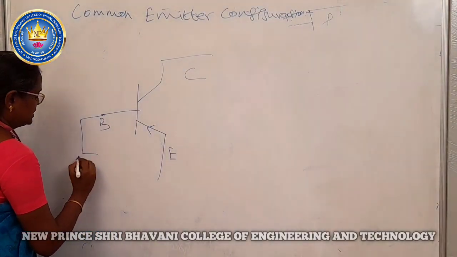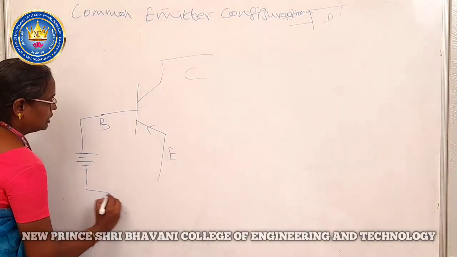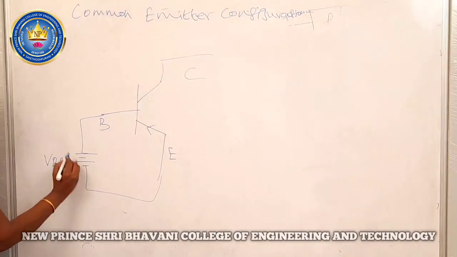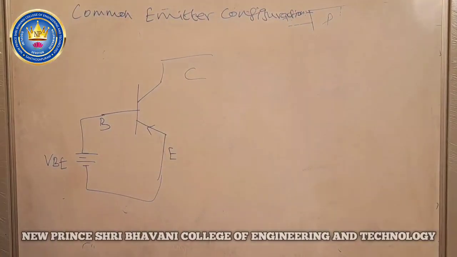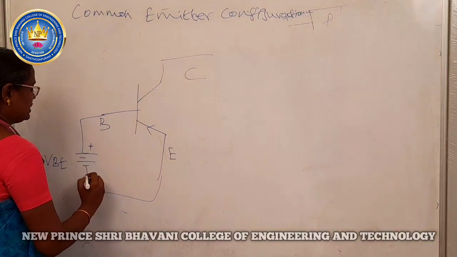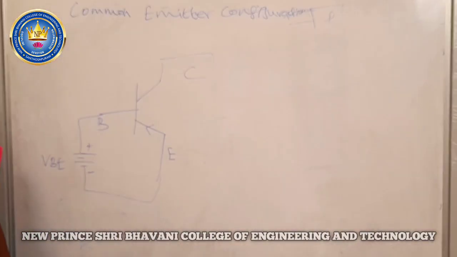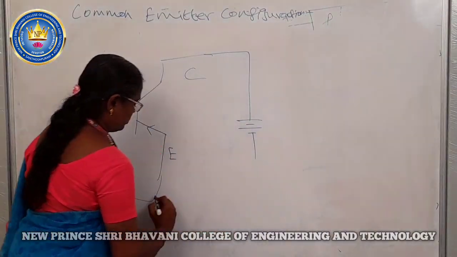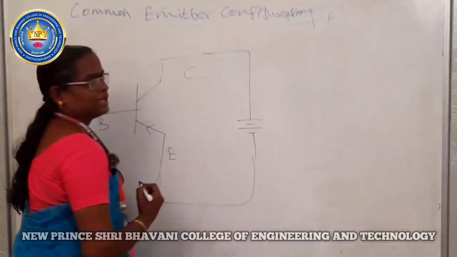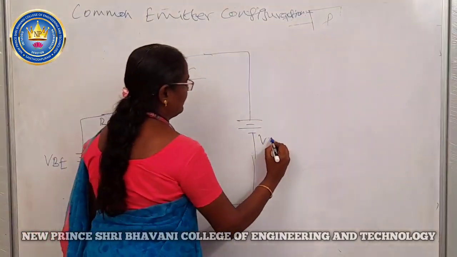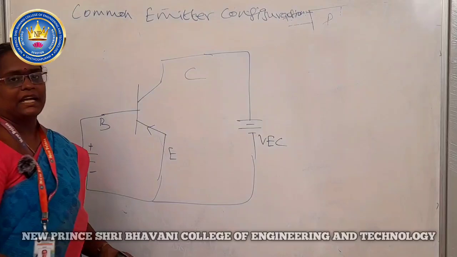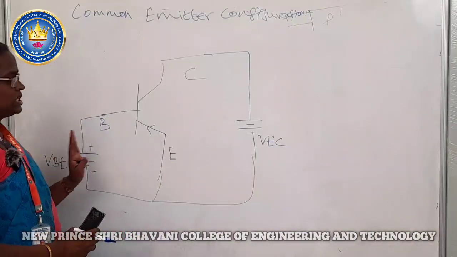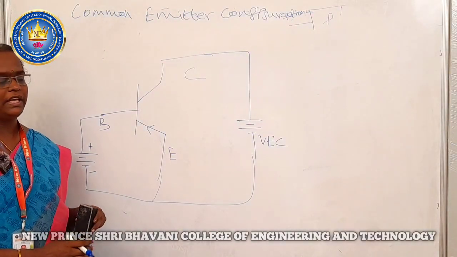You have to connect a supply between base and emitter. This voltage supply is named as the voltage between base and emitter, VBE. Positive supply is given to the base and negative supply to the emitter. On the output side you have to put another voltage supply, the output supply, named VEC, which stands for the voltage between emitter and collector. This is the general circuit diagram for common emitter configuration.